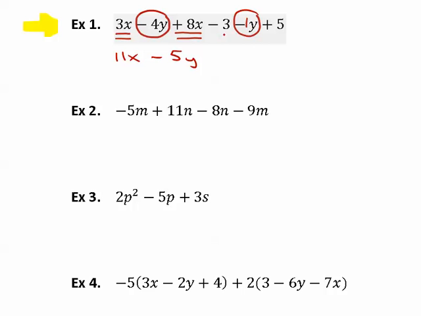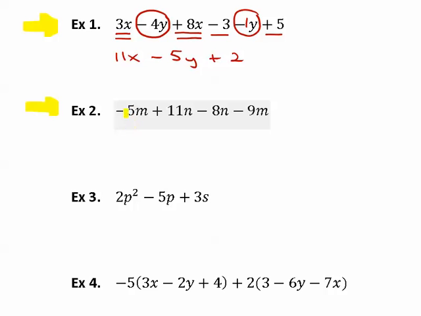And then finally we have the constants, negative 3 with a plus 5, so that's a total of plus 2. So as you can see, it's important that when we identify the terms, we also pay attention to the operation in front of those terms, because we treat those like the sign of the terms that follow.